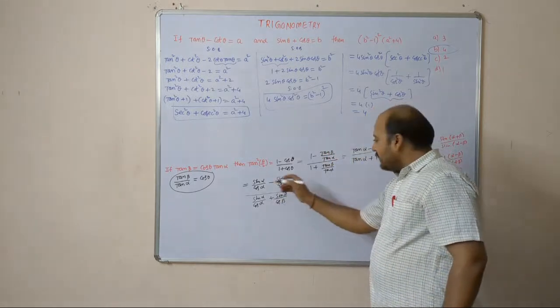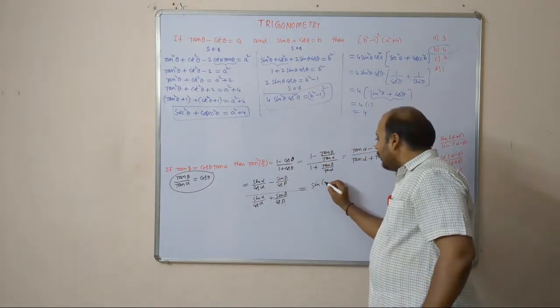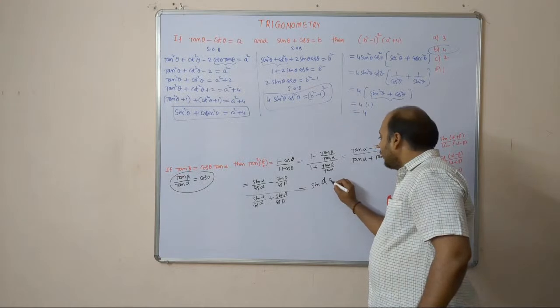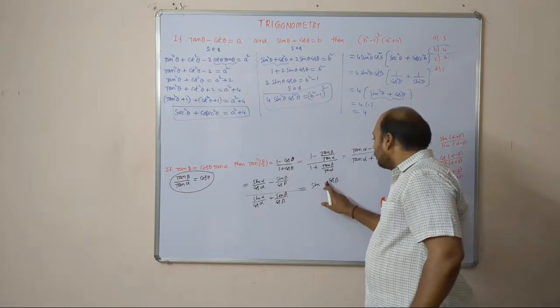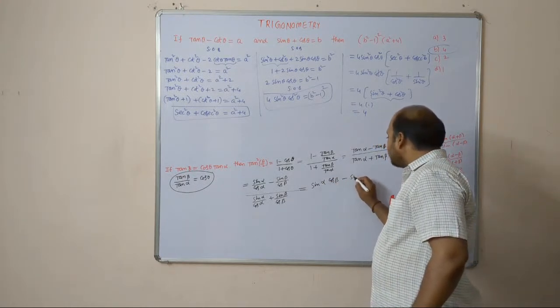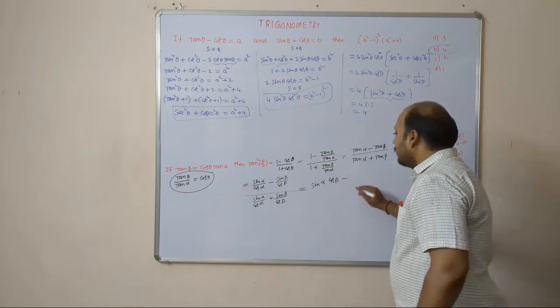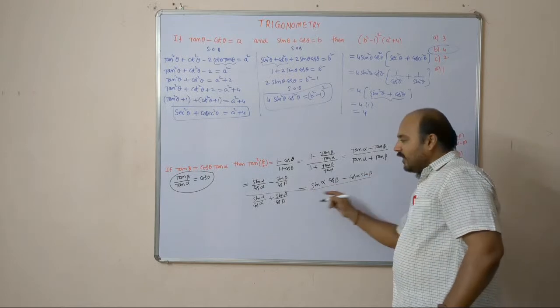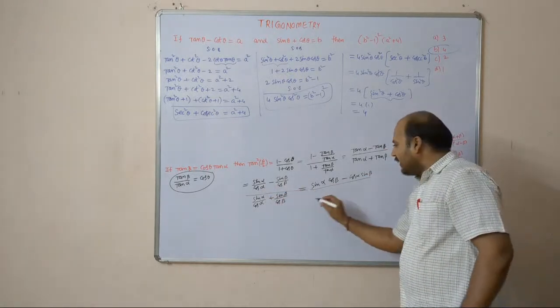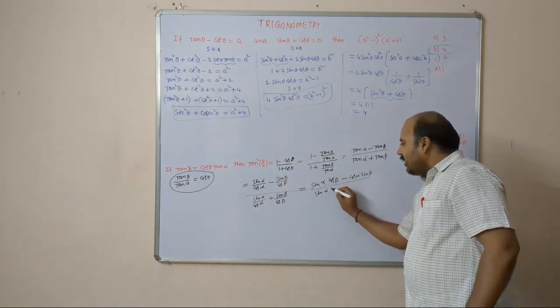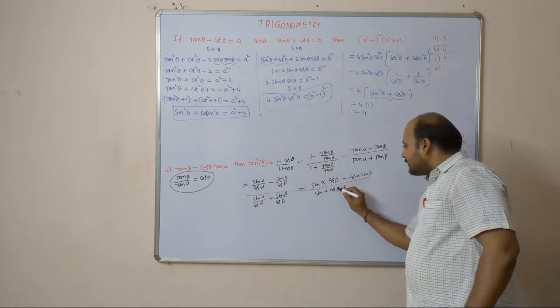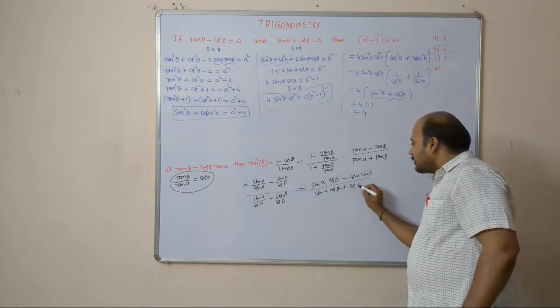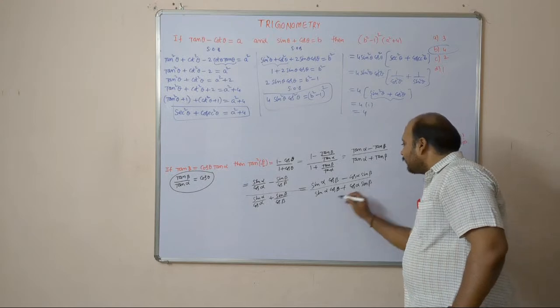Taking LCM and simplifying, cos alpha cos beta cancels, giving sin alpha cos beta minus cos alpha sin beta divided by sin alpha cos beta plus cos alpha sin beta.